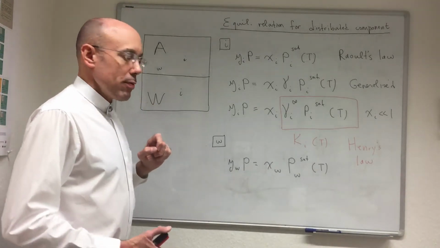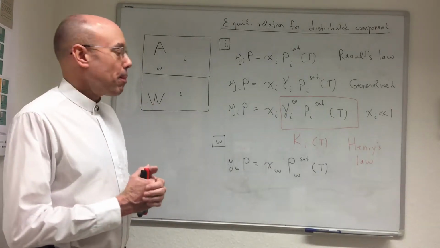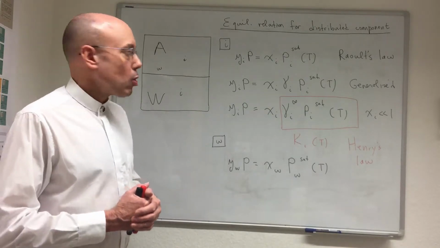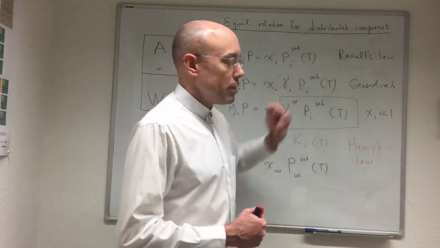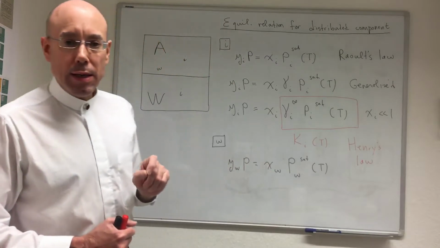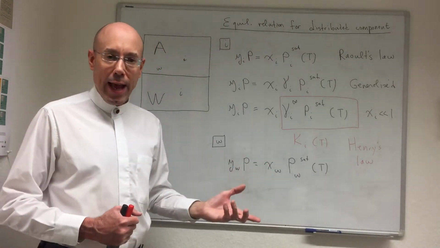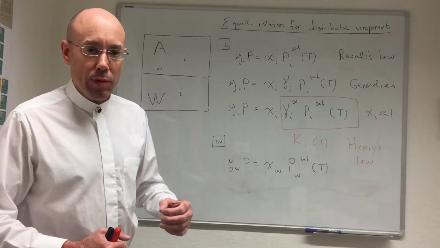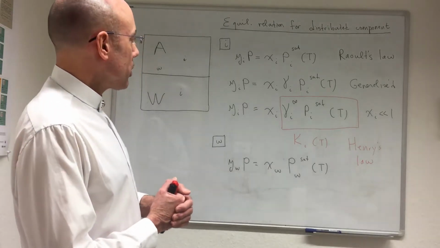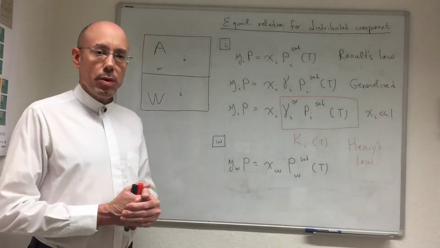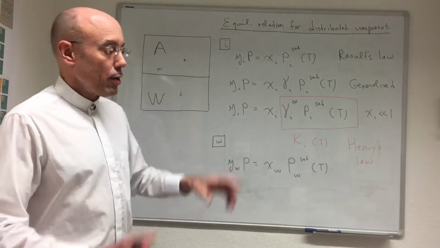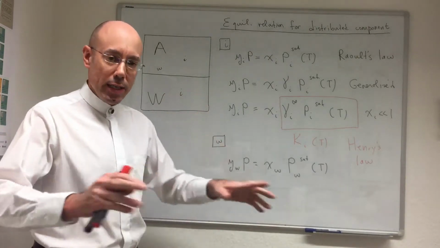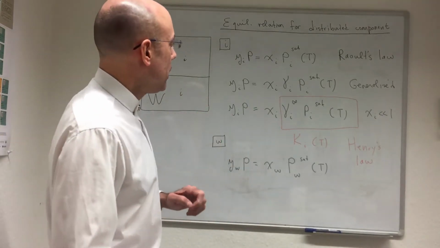So whenever you have a component that's present in both phases, gas and liquid, it's called a distributed component. It's distributed in terms of its location, some of it is in the gas phase, and some of it is in the liquid phase.